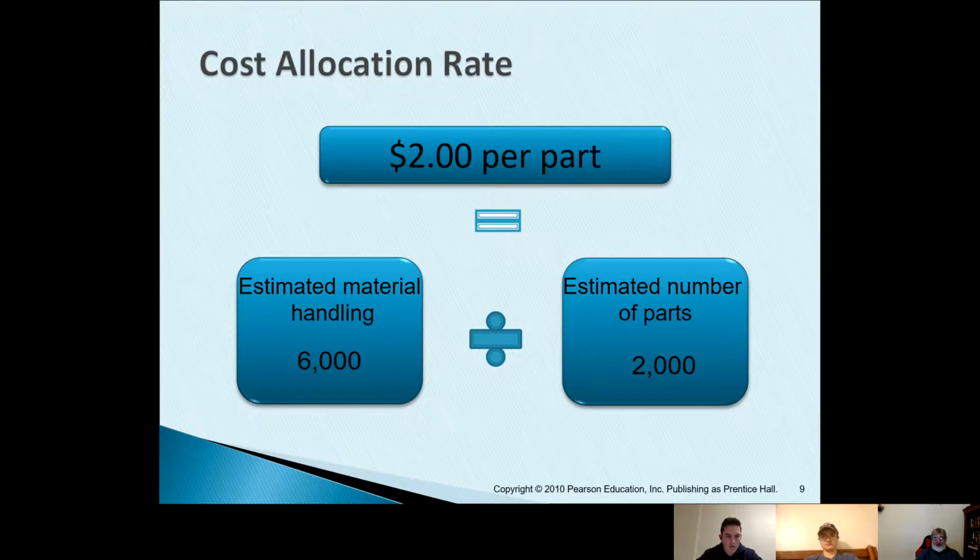So I paid those guys fairly well because I wanted them to do a good job. All right, you tracking with that so far? Estimated material handling, it's going to cost me $6,000, we're going to do 2,000 parts, so it's $2 per part.